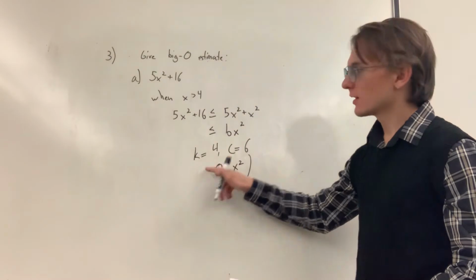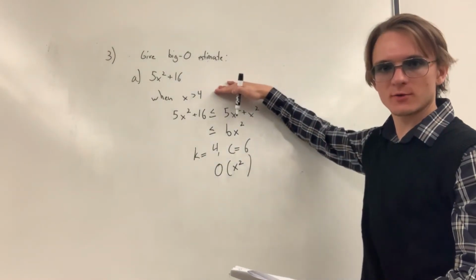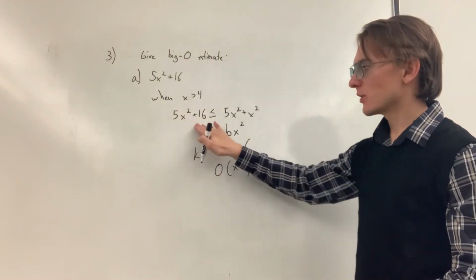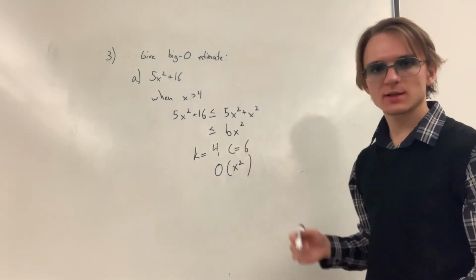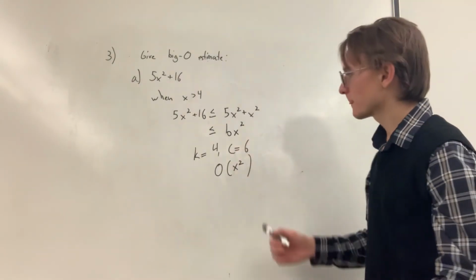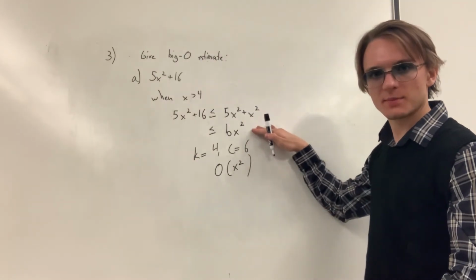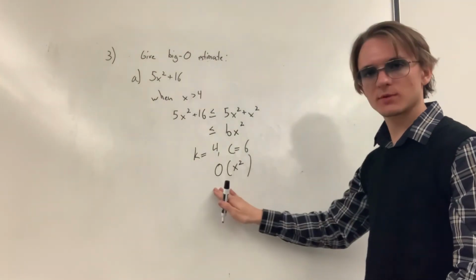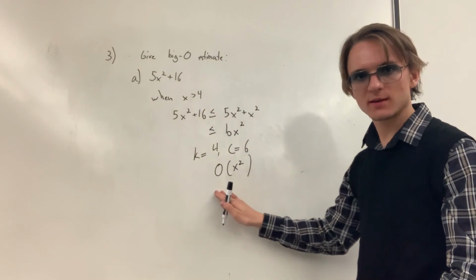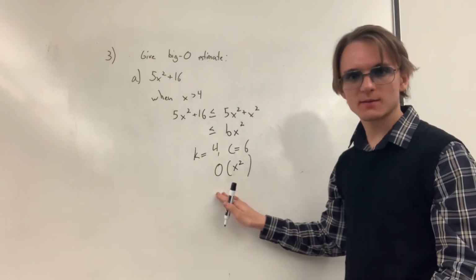Our 4 comes from x being greater than 4, that is when this equation and this equation intersect if we were to graph them, and the 6 comes from the factor we multiply by the x squared. So we have big O of x squared in the end as our big O estimate.